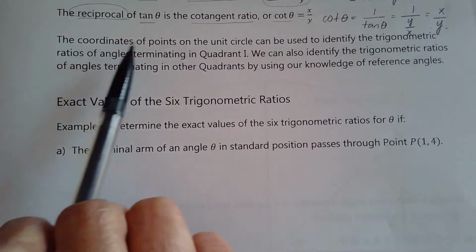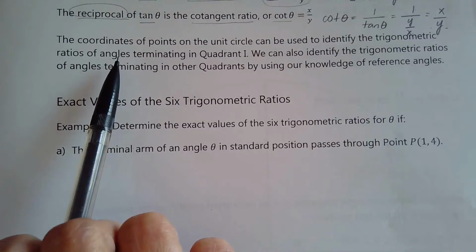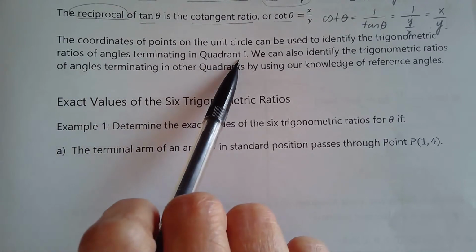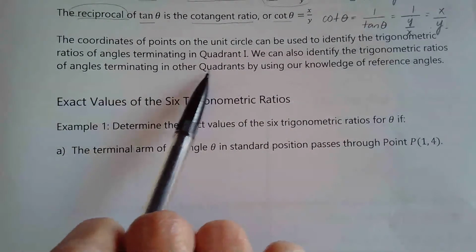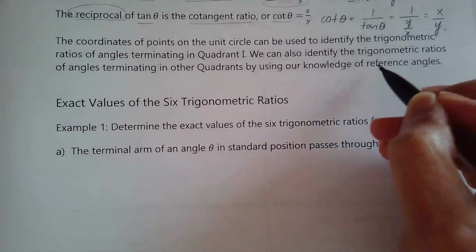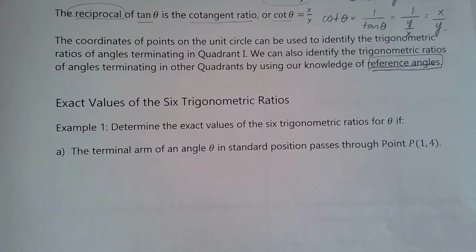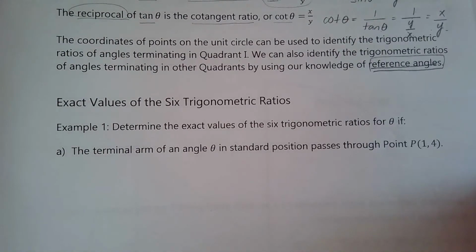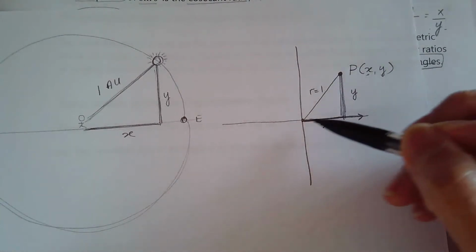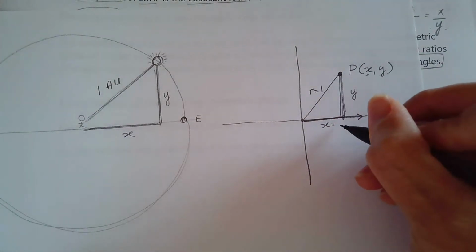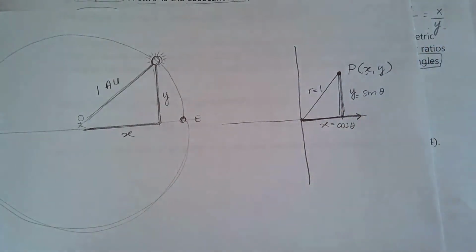So looking at this one, the coordinates of points on the unit circle can be used to identify the trigonometric ratios of angles terminating in quadrant 1. But we could also identify the trig ratios of angles terminating in other quadrants. So this is where the reference angles come into play. All of these x and y, this one is cos theta, this is sine theta.